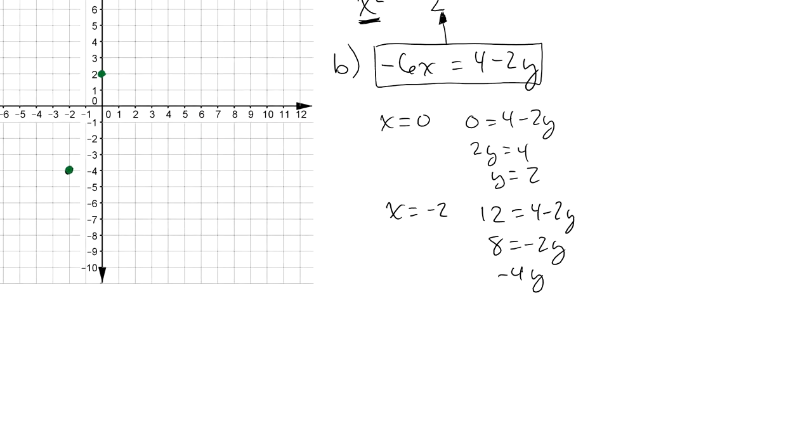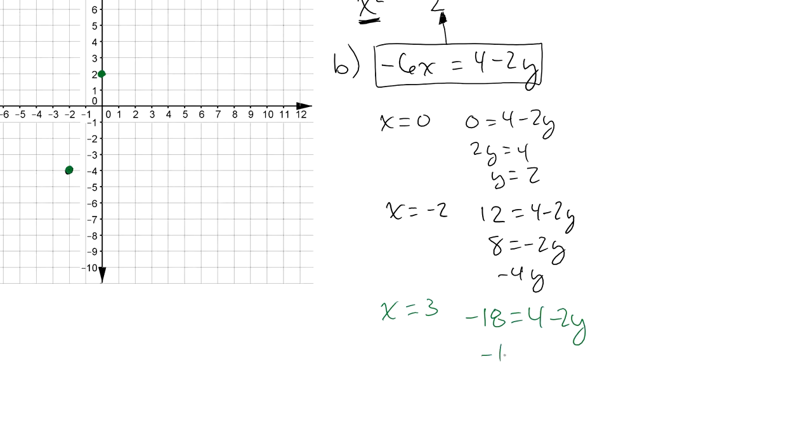Okay, I can do this. One last point I'll do is let's just say x is positive, I don't know, I'll say that x is positive 3. If x is positive 3, then again, that same equation up there would yield negative 18. 3 times 6 is 18. So negative 18 equals 4 minus 2y. Take away 4 from both sides.